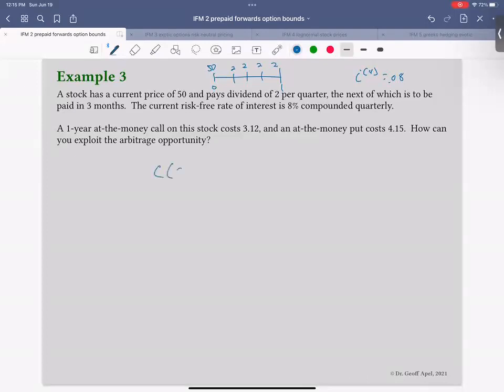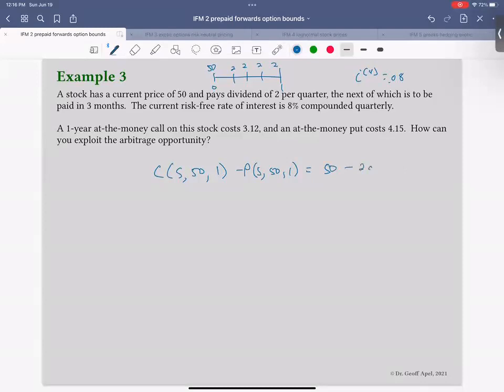Call on the stock with the strike. I said it's at the money. So I guess that's 50 would be the strike here, right? Because that's the current price. So what at the money means for a year: call minus put on the stock with strike 50 equals prepaid forward minus prepaid forward. So prepaid forward of the stock is just going to be 50, the current price, minus dividends.